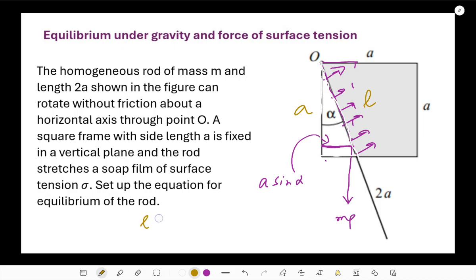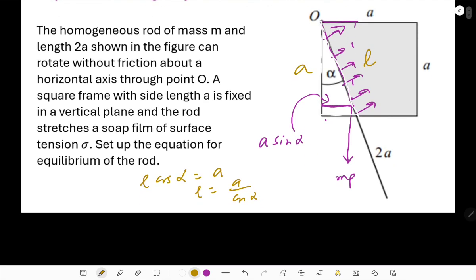That means L cos alpha is going to be equal to A, and that means L is A upon cos alpha.